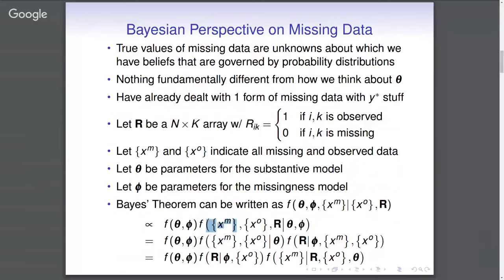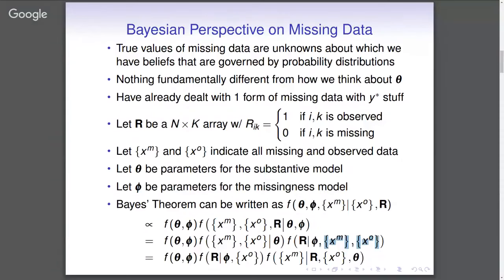We just don't know what the missing values are. So then we can write this complete data likelihood like this. The likelihood for xm and xo together, conditional on theta, multiplied by the likelihood for R, conditional on phi and the union of xm and xo.